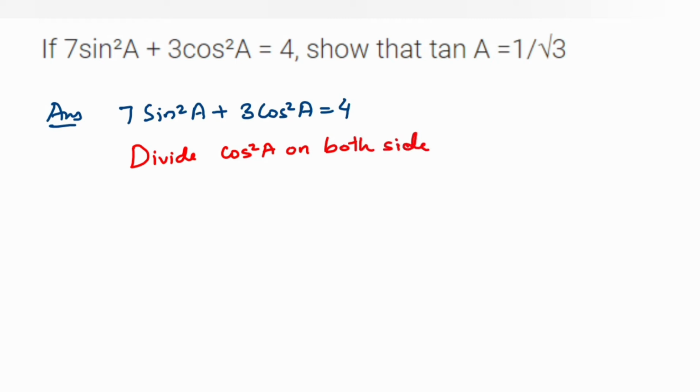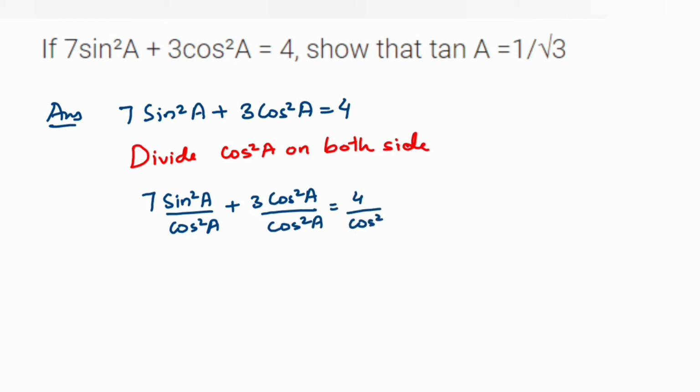So from here we'll get 7 sin square A upon cos square A plus 3 cos square A upon cos square A is equal to 4 upon cos square A. Now sin upon cos is tan, we know that.